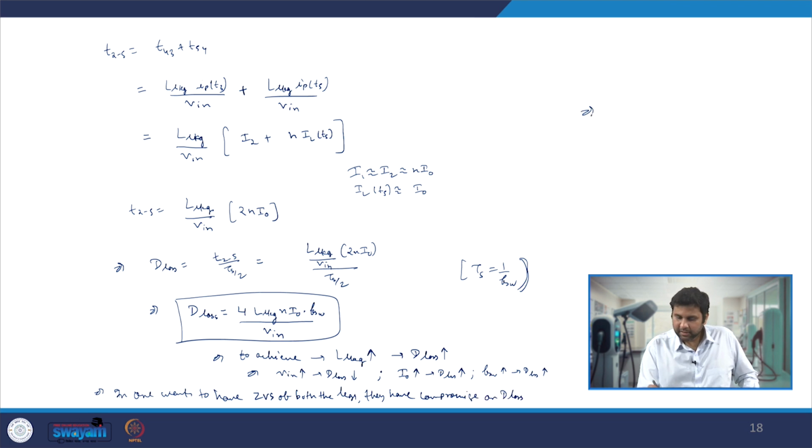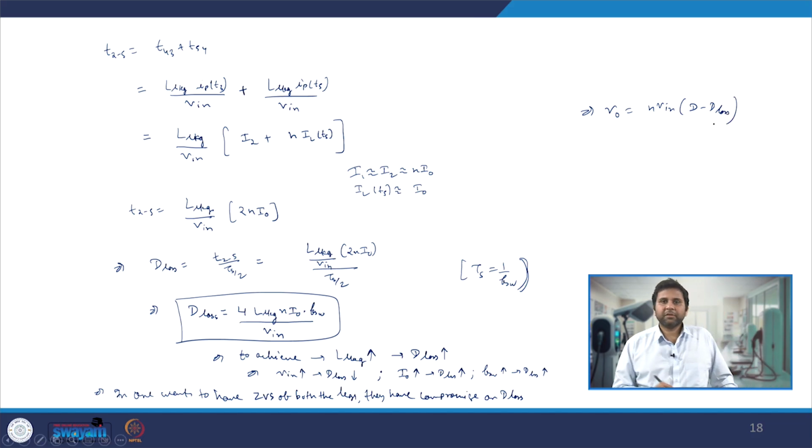And we know that my V naught value is nothing but N V in times D minus D loss, because that amount of duty is lost.